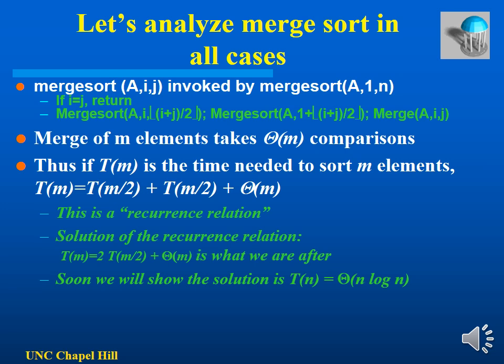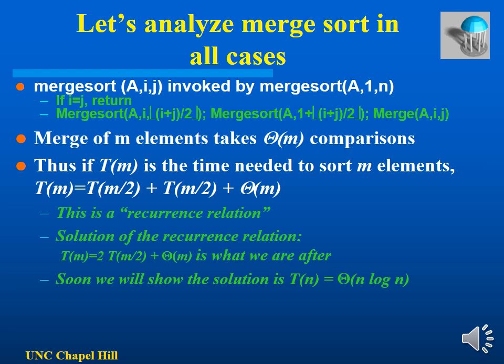Thus, if T of m is the time needed to sort m elements, then T of m is the time to sort the first m over 2, plus the time to sort the second m over 2, that is to say T of m over 2, plus the time to combine them with a merge, and that takes theta of m time.